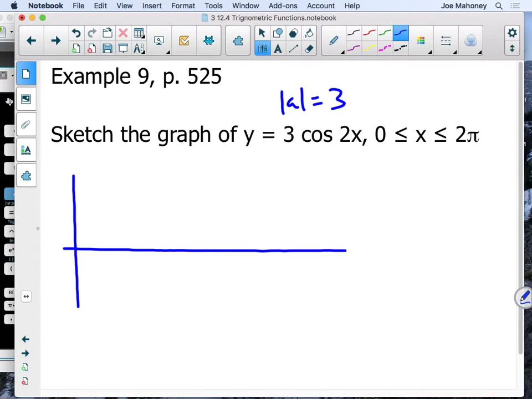So what that tells me is that it's going to go up to 3 and go down to -3. And let me put a couple other things on here too. So this is like where pi over 3 would be. I'm going to go a little bit further. So that's where pi over 2 is going to be. And then that interval again, maybe pi would be there, and maybe 3 pi over 2, and maybe 2 pi. That looks pretty good.